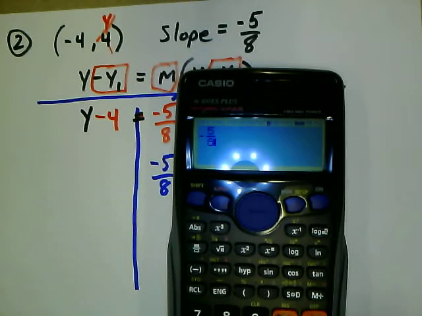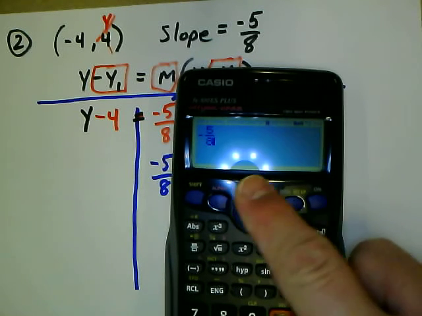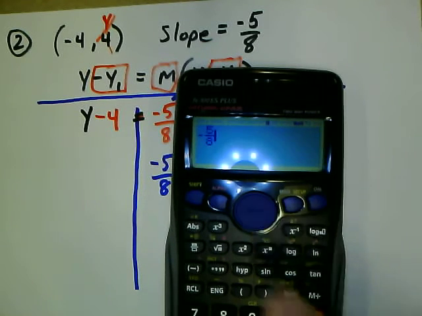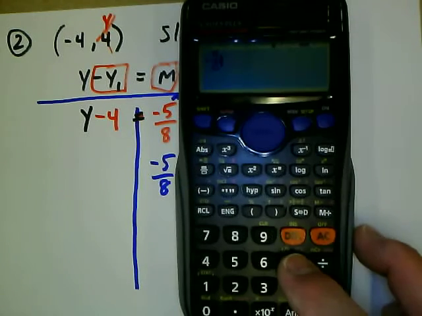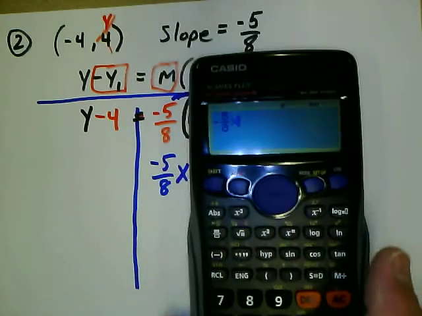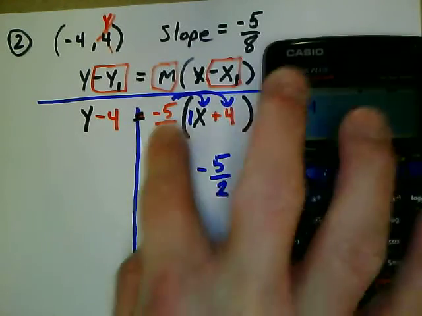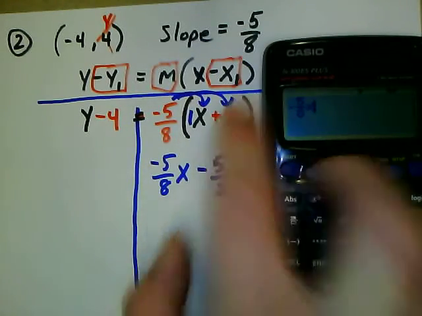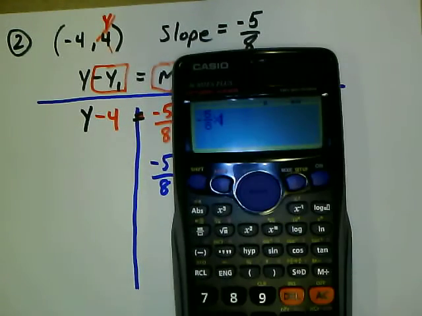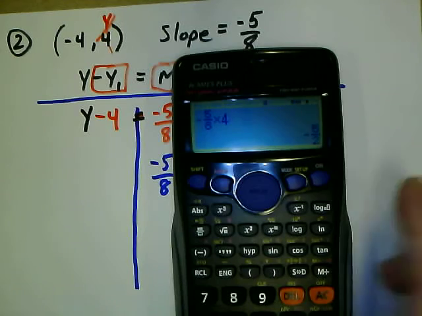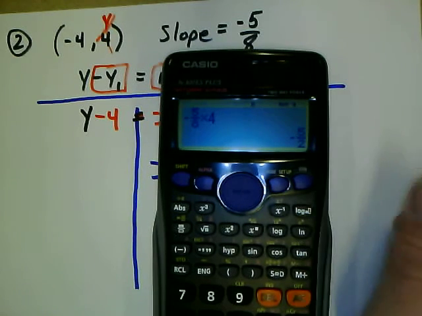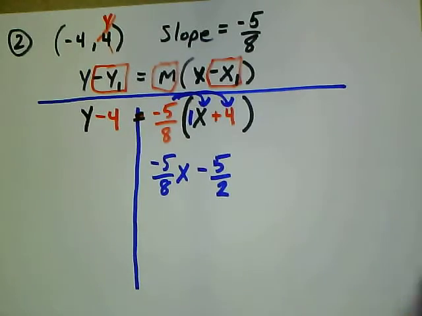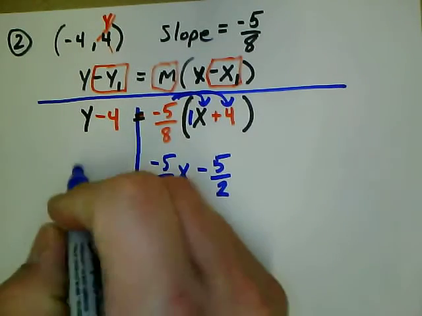I hit 8, and I'm going to use my cursor key, this big circle right here, to move it over so that it's off the bottom. Then I hit my multiplication, multiplied by 4. Then I hit 4, and then equals, and this calculator lovingly keeps it as an improper fraction. So there you go.